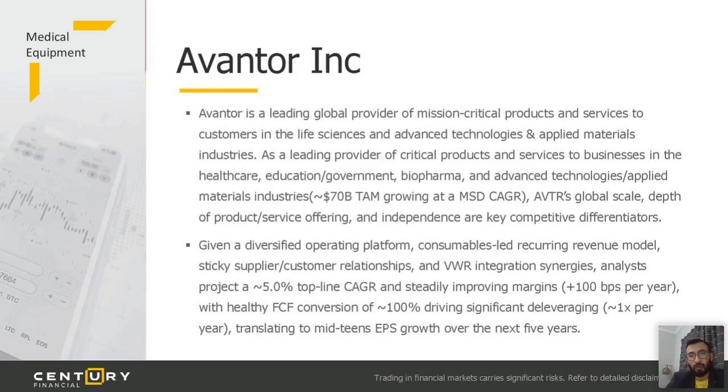So these kinds of stocks are something which we are looking at, as a leading provider of critical products and services to businesses in healthcare, education, government, biopharma, and advanced technologies, material industries. The very depth of the product and service offering and independence are its key competitive differentiators. So this is something which we are doing research on.